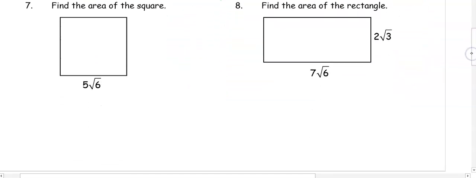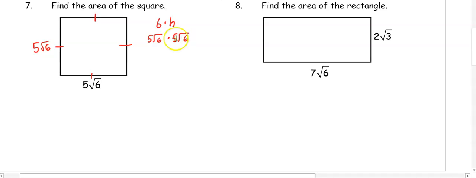Find the area of a square. A square has 4 sides that are all equal to each other. So we know that the base and the height have to be the same in a square. So when we multiply, we're multiplying base times height. So 5 root 6 times 5 root 6.